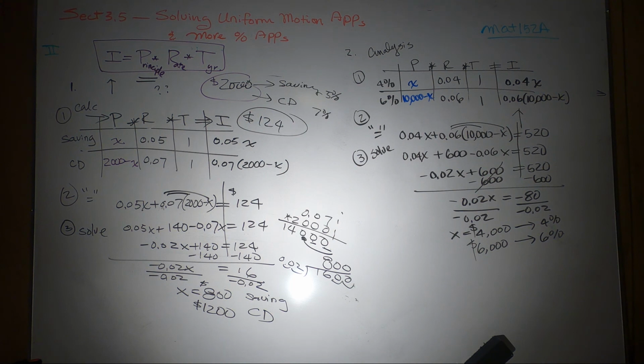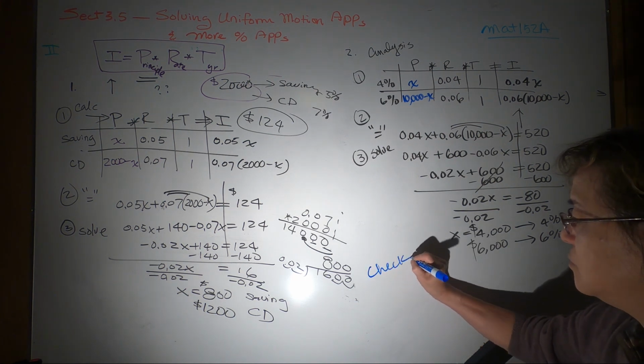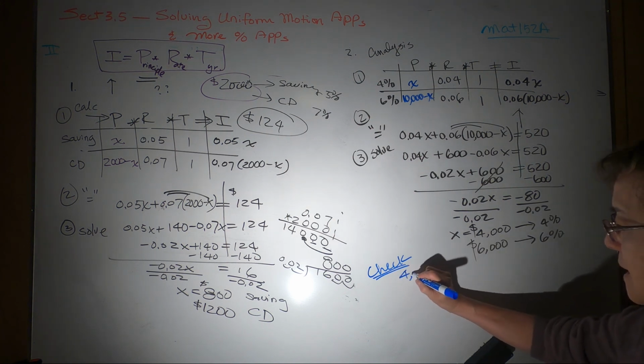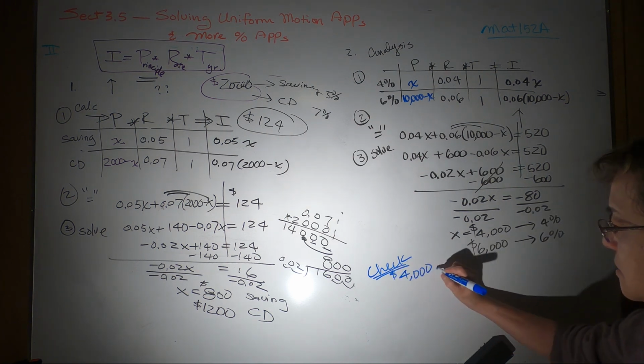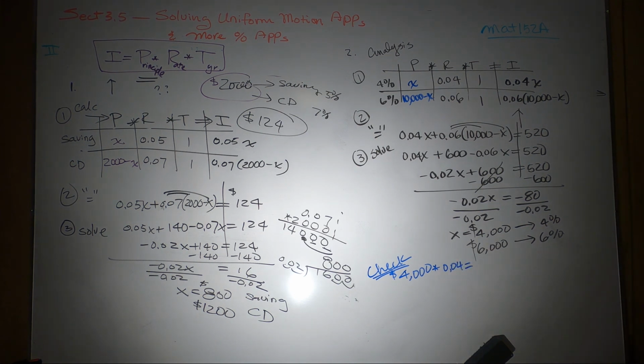Then at the same time, we do want to check to make sure it's okay, right? Did we do it right? So what do you think? How do you check? So for $4,000, you earn 4%. So that would be what? $160. Okay? Practice multiplication.